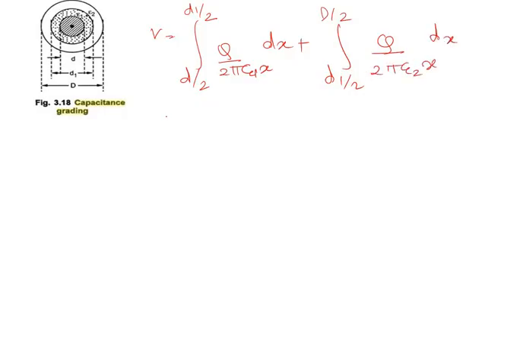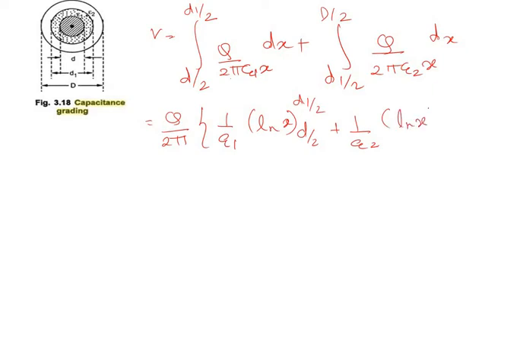Taking q upon 2 pi outside, in the bracket 1 upon epsilon 1 log of x with limits d by 2 to d1 by 2 plus 1 upon epsilon 2 log of x with limits d1 by 2 to capital D by 2.